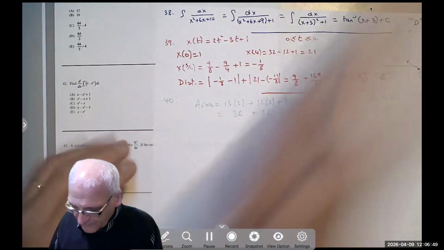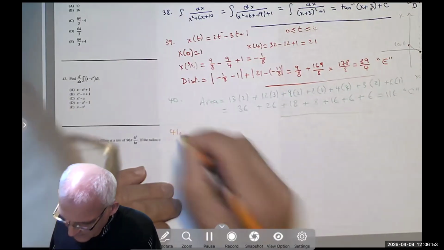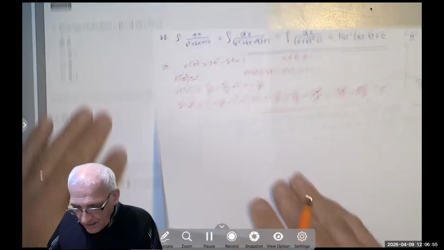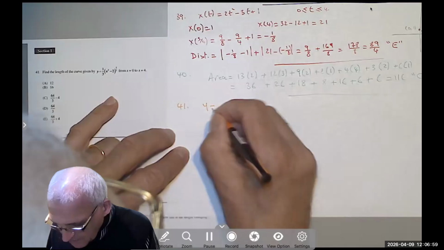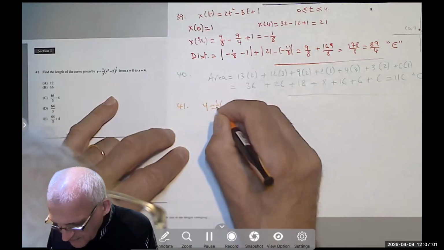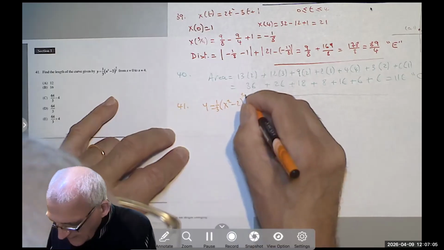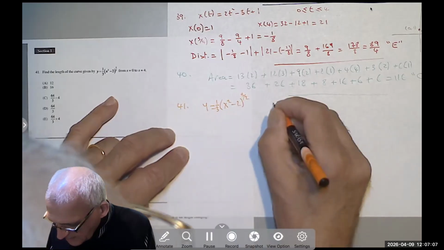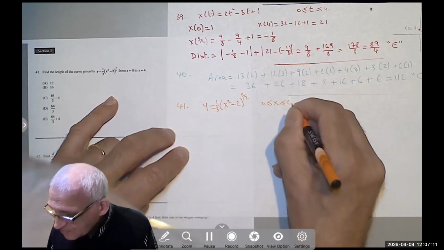Okay, so number 41. Find the length of the curve given by y equals 1/3 times (x squared minus 2) to the 3/2, from x greater than or equal to 0 and less than or equal to 4.